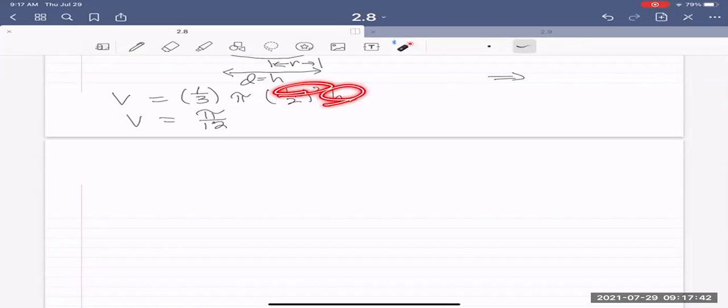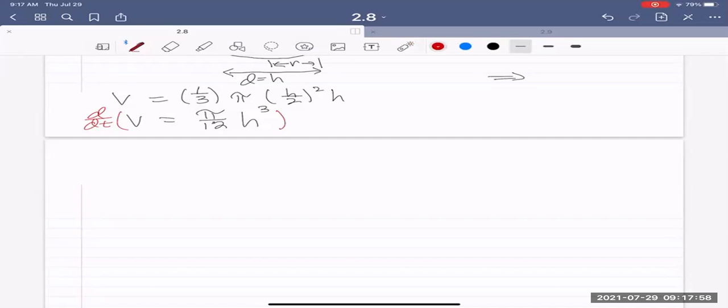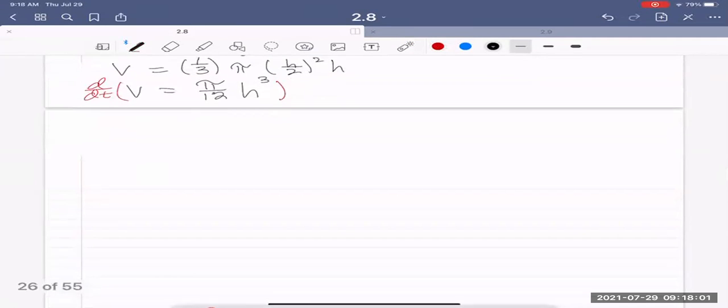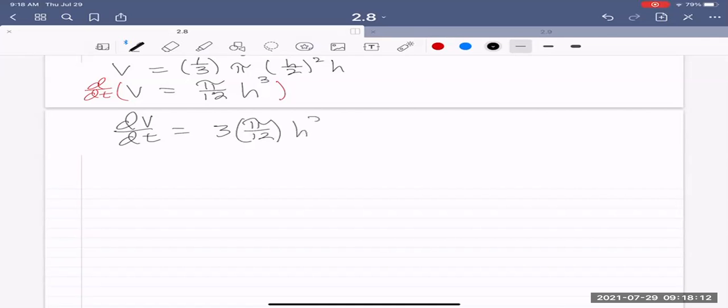So let's differentiate this. dV/dt is equal to, let's bring down the 3 out in front, subtract 1 from the exponent, times the derivative of what's inside.